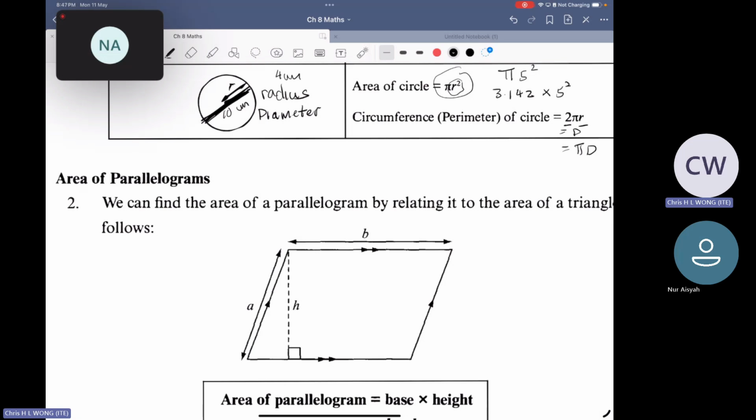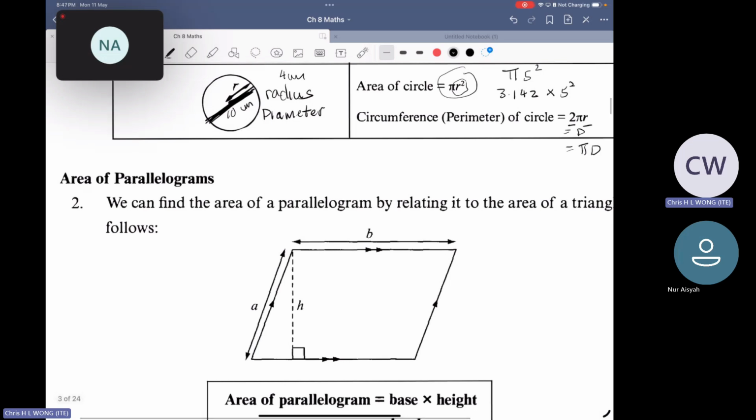Parallelogram is when this is parallel to this and this one is parallel to this. But when you draw the parallelogram with the arrow, make sure you draw according to which line is parallel to the other line.